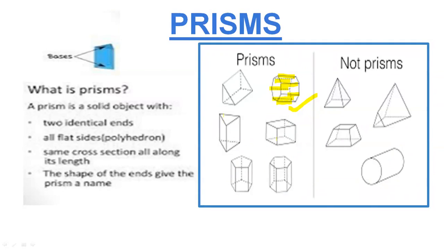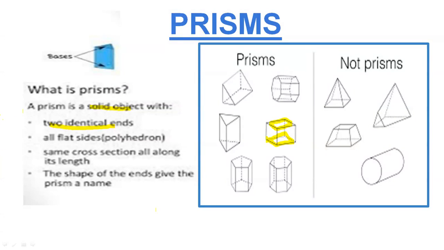Look at this picture, the third one, both having a triangle as the base. And what about the rest of the flat faces? They are rectangles. It's a prism. So the definition given to us is: a prism is a solid object with two identical ends. Their ends should be identical. Look here, they are the same identical ends.